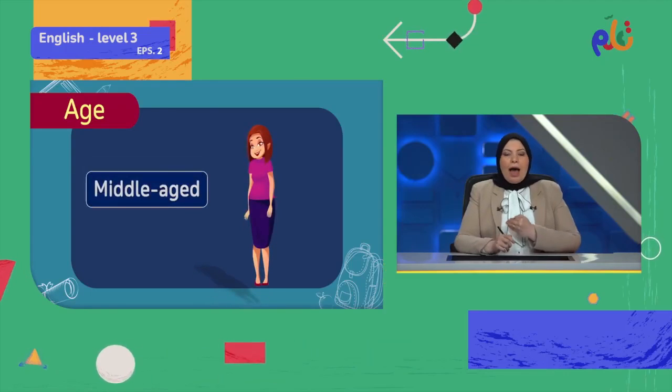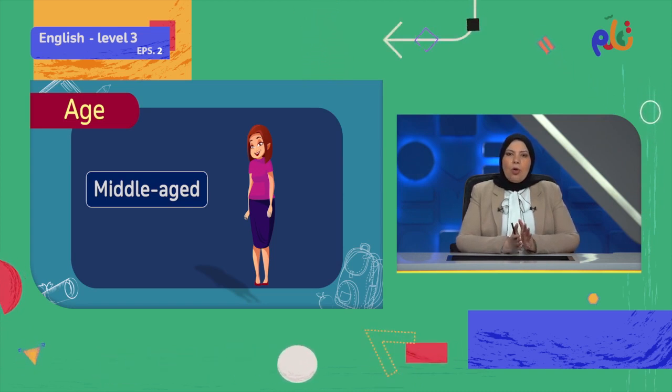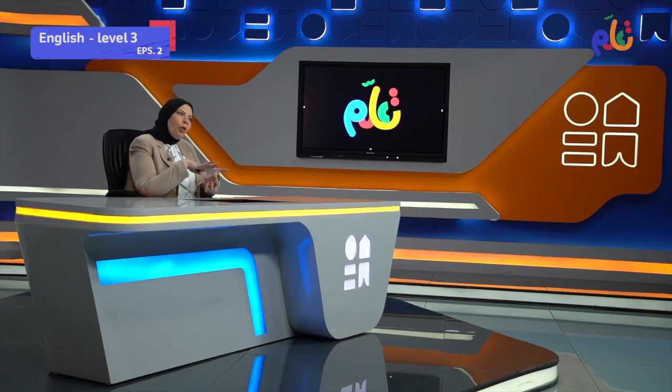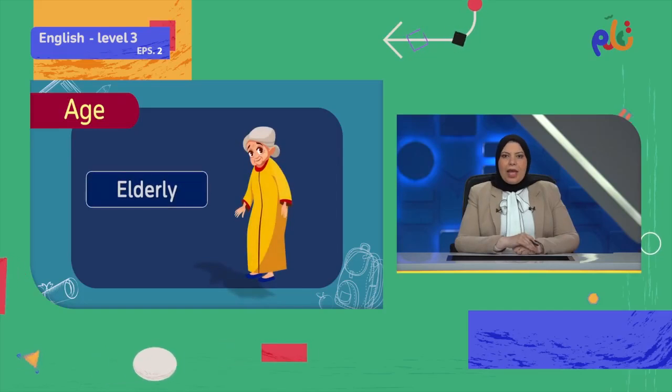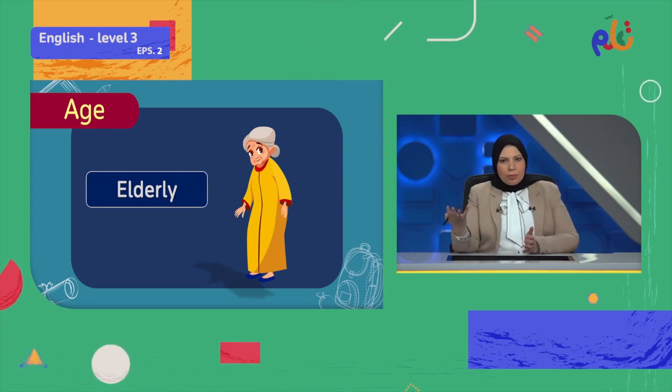And after young we have middle-aged. Middle-aged اللي هو منتصف العمر. So we're talking about 30s, 40s. This age group we call it middle-aged. And then we have elderly. So elderly is referring to the old people.